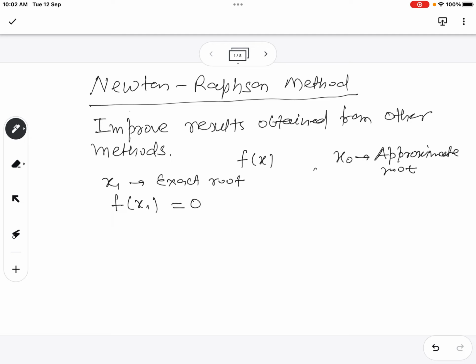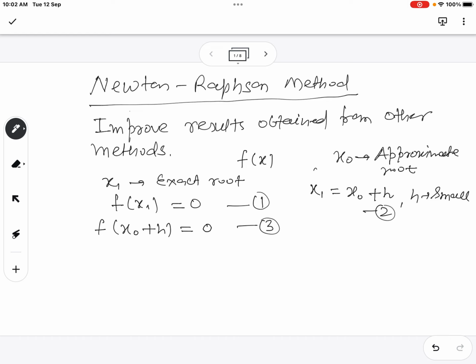And also let us consider that x1 differs from the approximate root by a small amount h. Here h is small. So now I can write down this equation 1 as f at x0 plus h equal to 0.